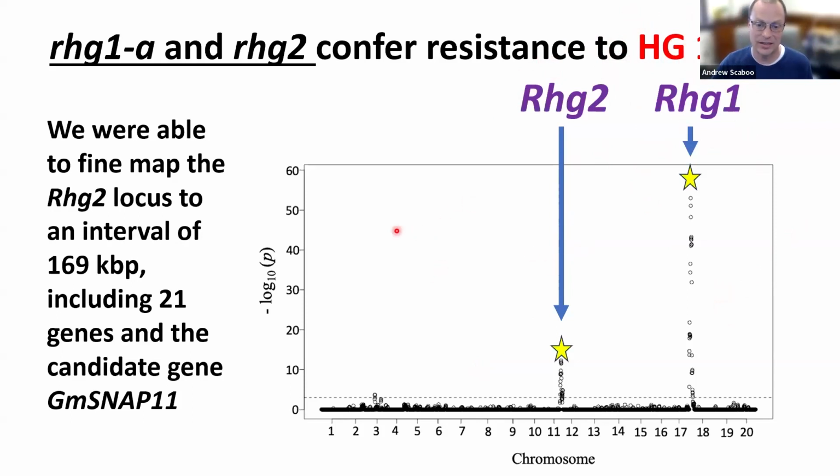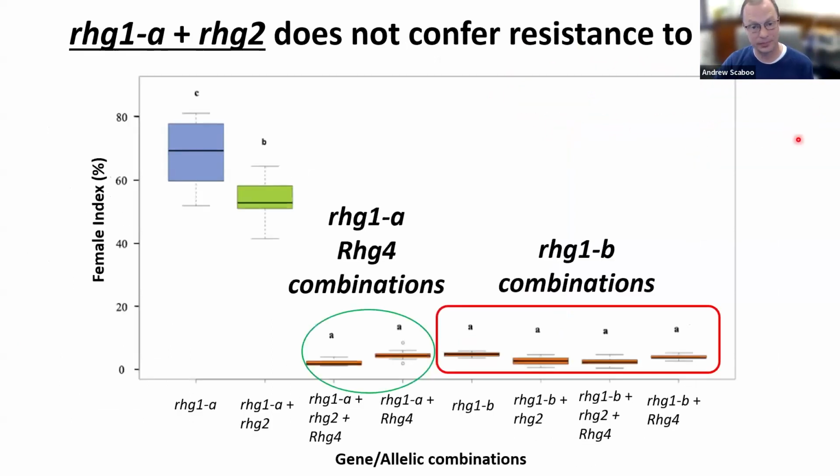What I want to point out is that you don't see a peak here on chromosome 8 where RHG4 is. So RHG4 is actually a minor gene relative to conferring resistance to the major virulent HG types. It's really about this epistatic effect of RHG2 and RHG1A.